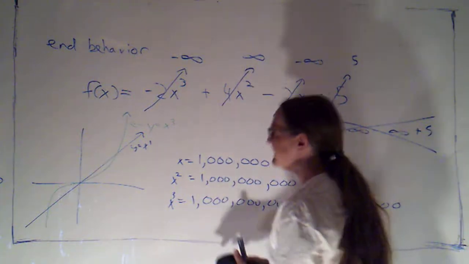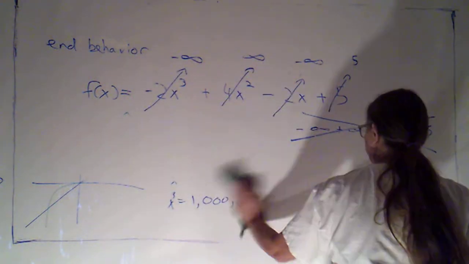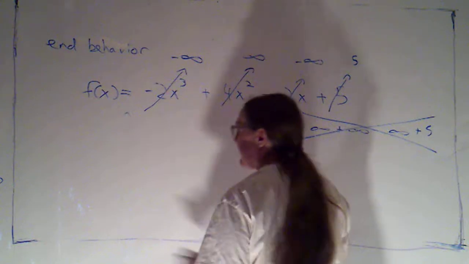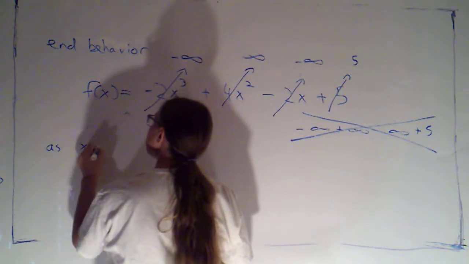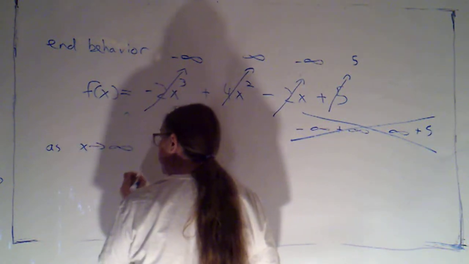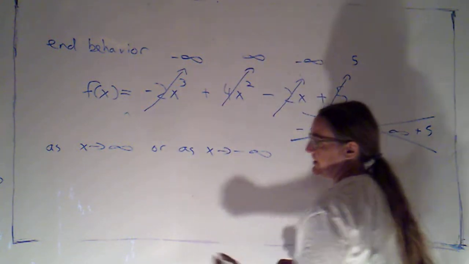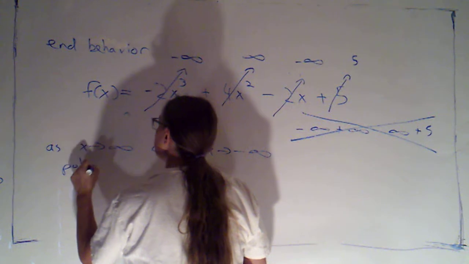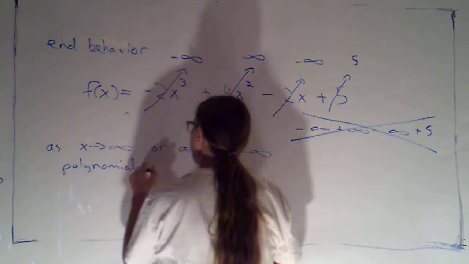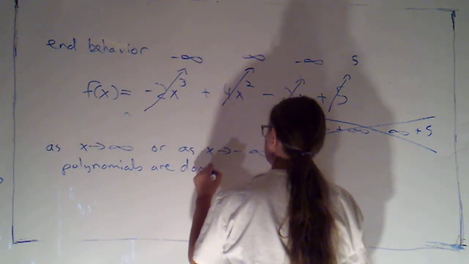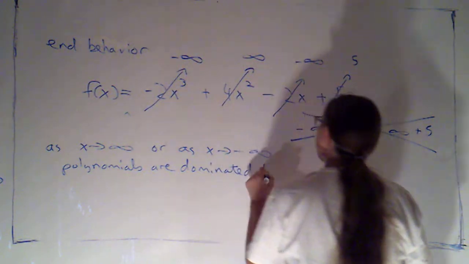So what we can say is that as x goes to infinity, or as x goes to negative infinity, polynomials are dominated by their lead terms.